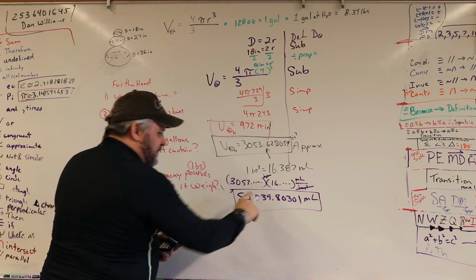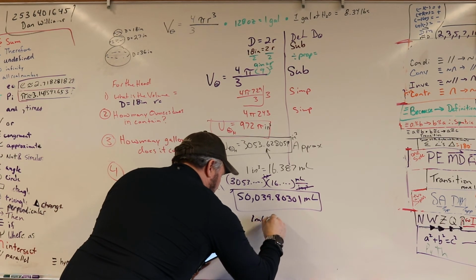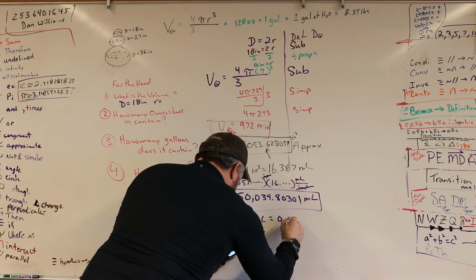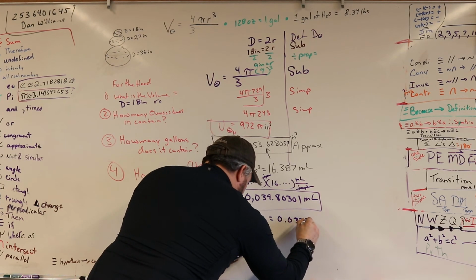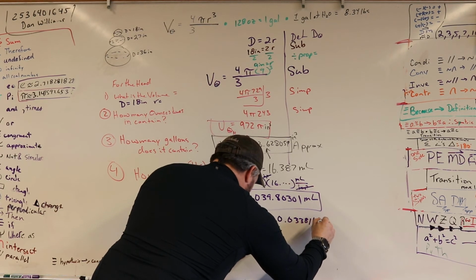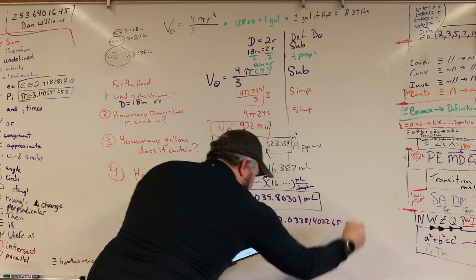All right, so it tells us that 1 milliliter, one of these pieces, is equal to 0.03381402265 ounces. Okay?